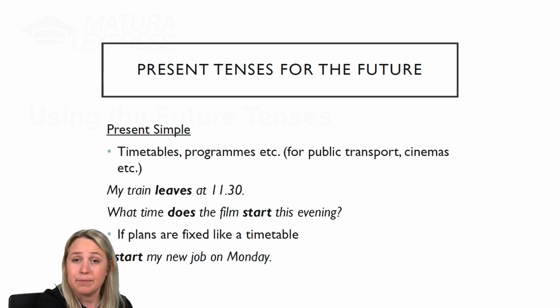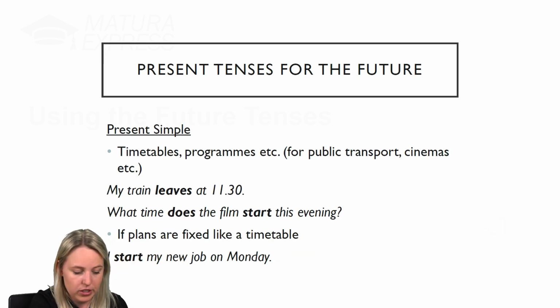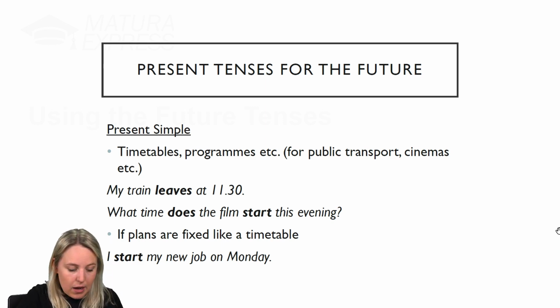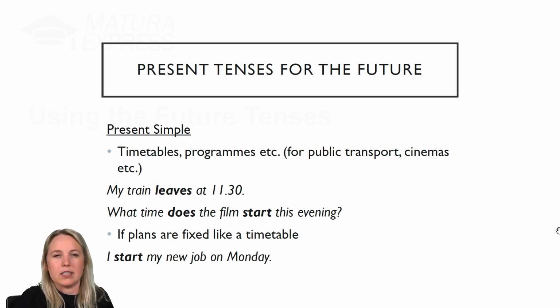Good. Then, talking about present tenses for the future, let's move on to the present simple. When do we use the present simple? We use it for timetables, programs, again, things that are fixed, especially timetables and programs for public transport, TV, cinema program, and so on. My train leaves at 11:30. What time does the film start this evening?